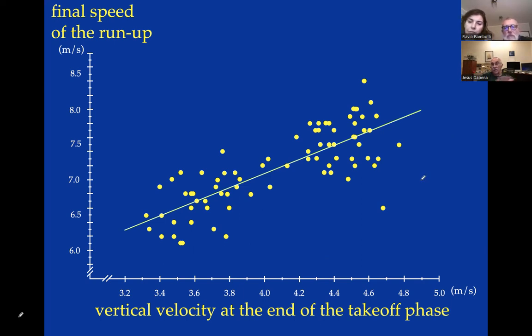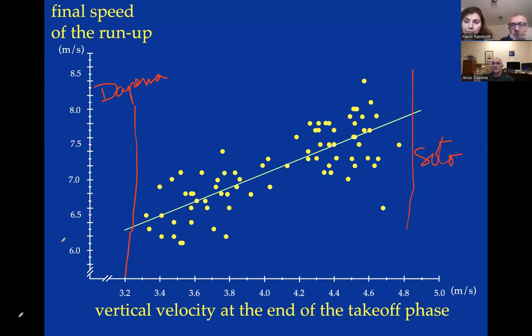So the powerful high jumpers, the good ones, are to the right. Around here, you would have Sotomayor. And here on the extreme left, you would have the weak high jumpers. The vertical scale here shows the final speed of the run-up in all of these high jumpers.